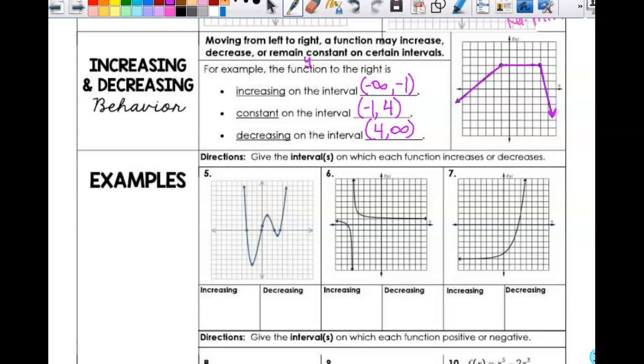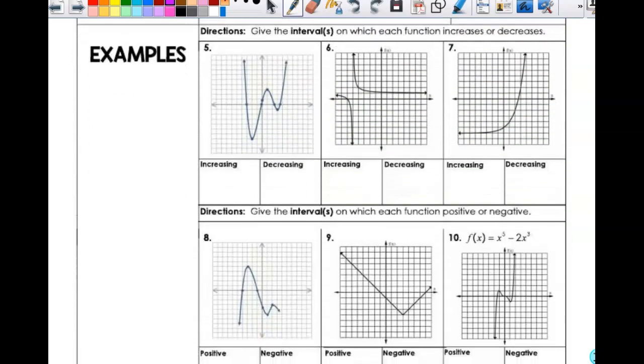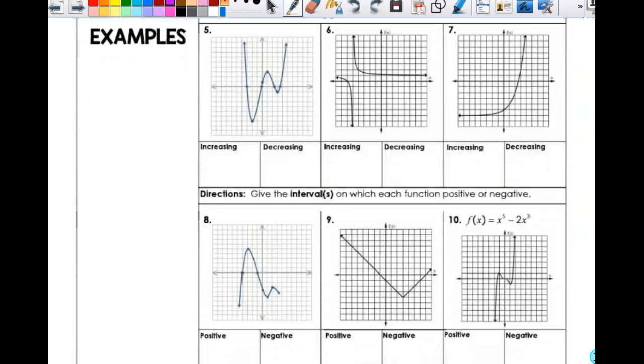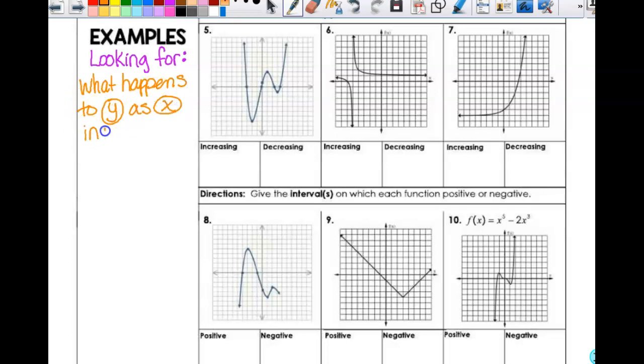So you can get yourself mixed up real easily because you're talking about y but writing about x. So I want you to write yourself this little note over here. So we are looking for this. We are looking for what happens to y as x increases.